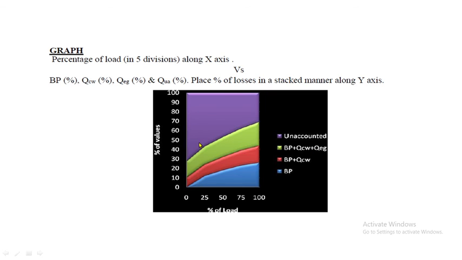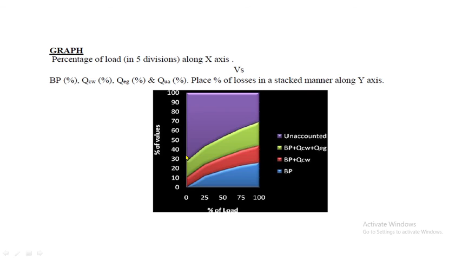After completing these three lines, you differentiate them by different markings. You may do hatchings, and you can give different notations for identification. Whatever remaining percentage is obtained above these three is the unaccounted loss.